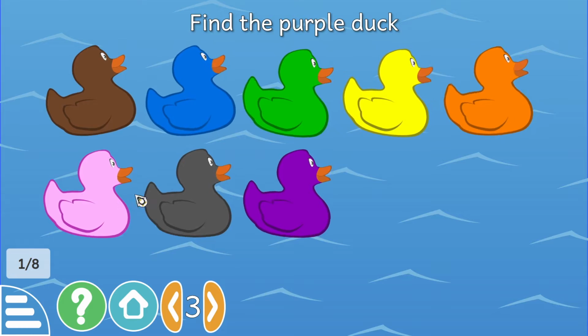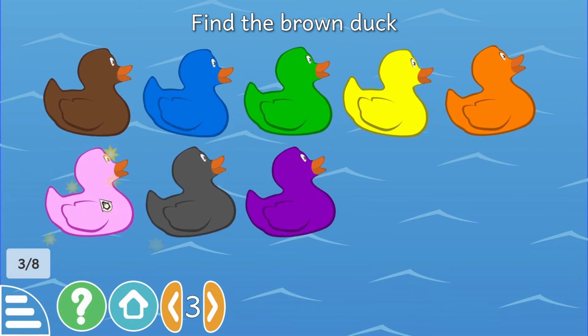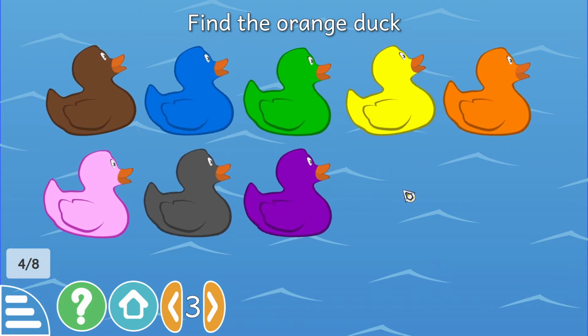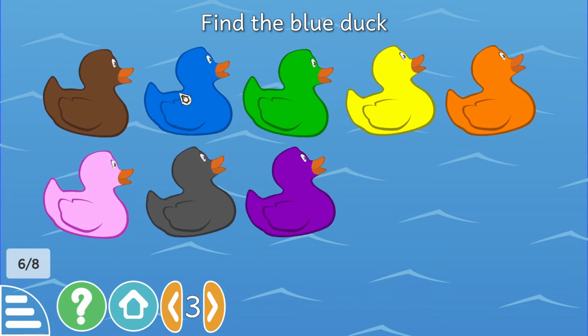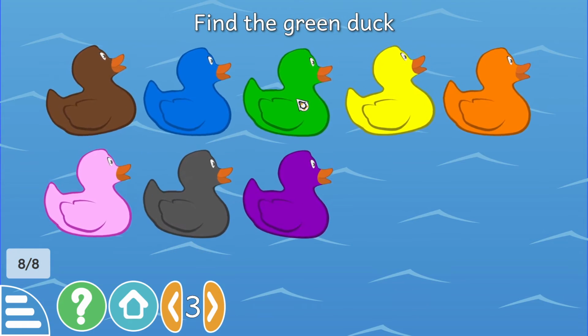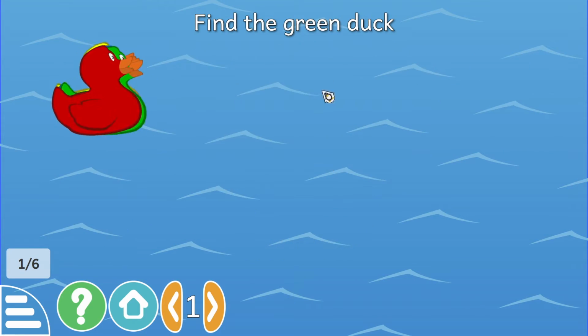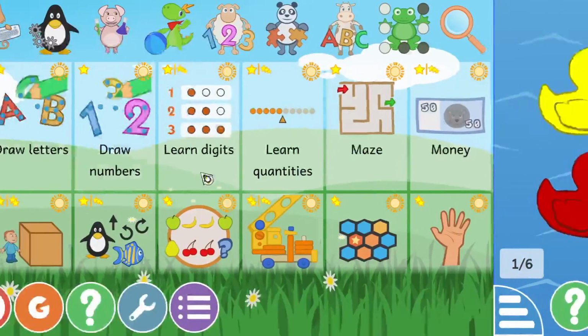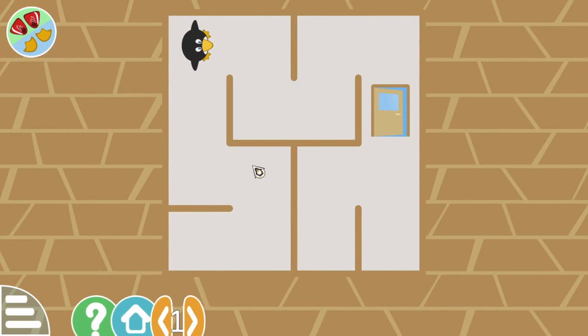Got a few more new colours here as well, so find the purple duck, the pink one, brown, orange, yellow, blue, grey, and green. So that completes the basic colour section, and I'll move on to the maze section.